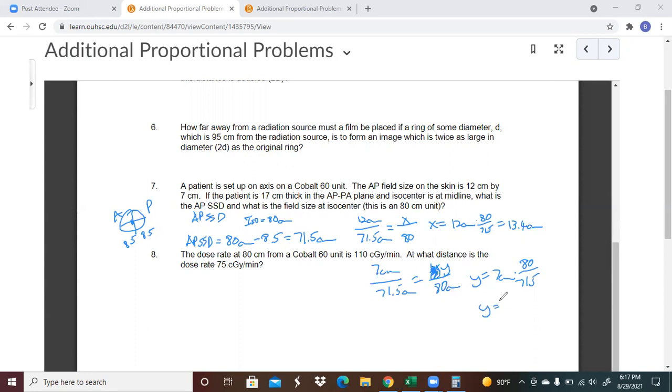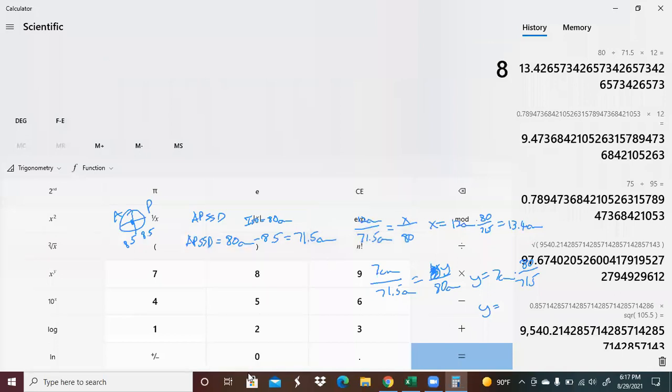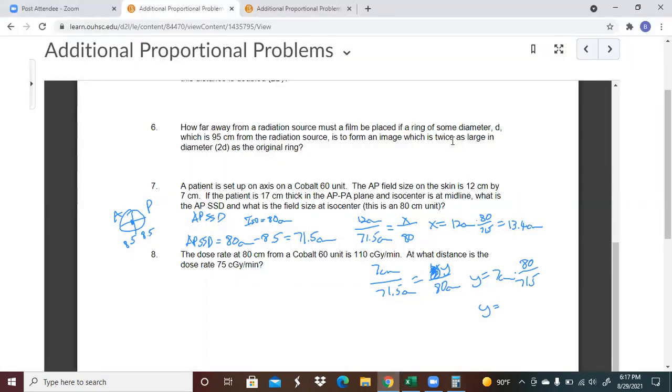Y turns out to be 7.8. Wait, did I say 71.8?